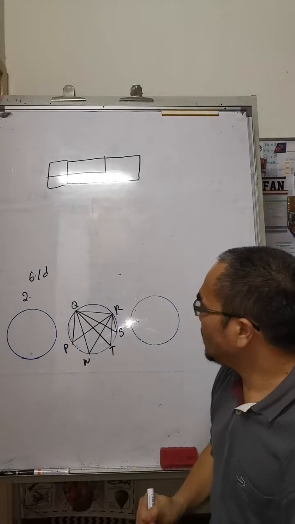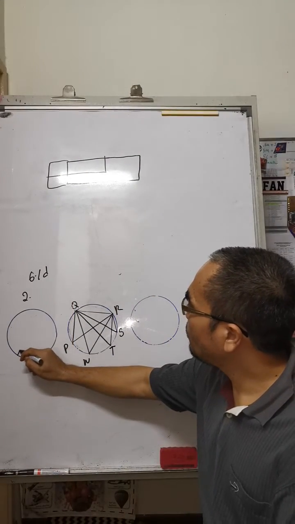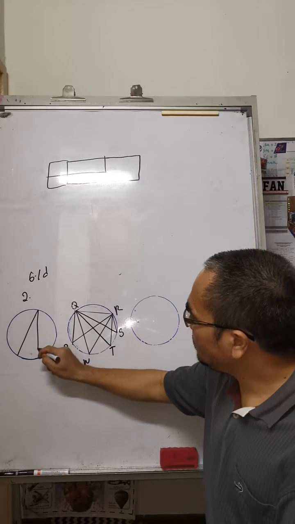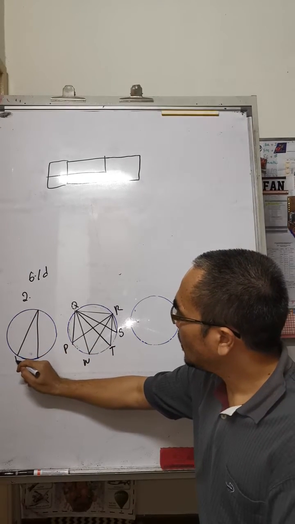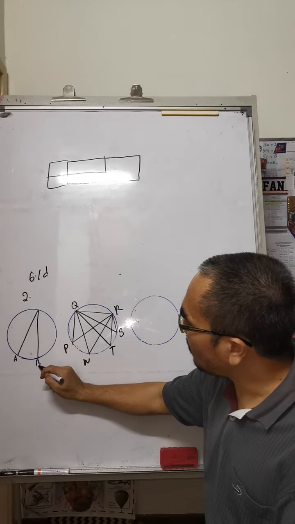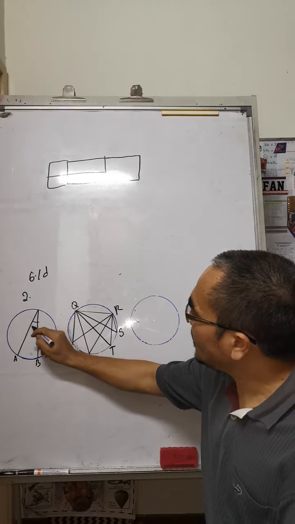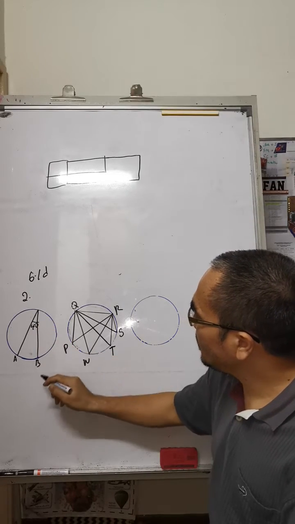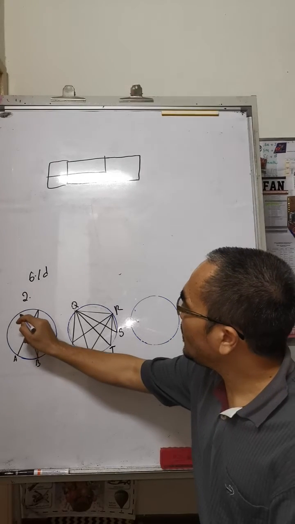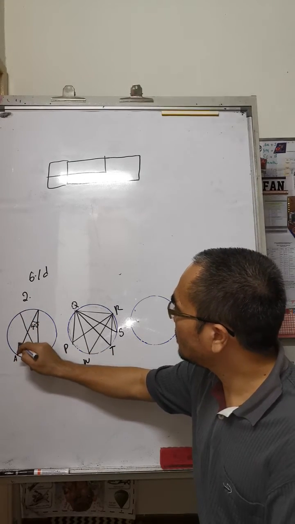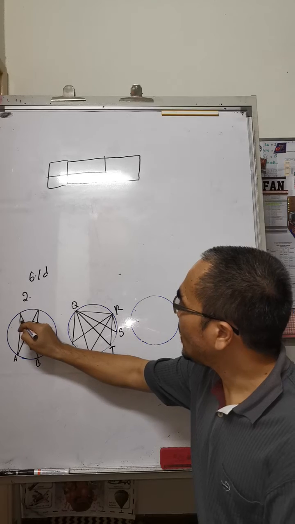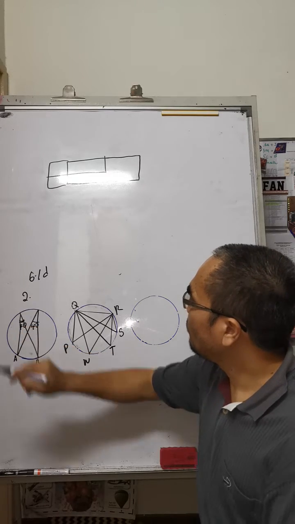So let me review a little bit more. The angle created by the arc of AB, let's say here is 40 degrees. So B and A meet somewhere else, so that is also 40 degrees.